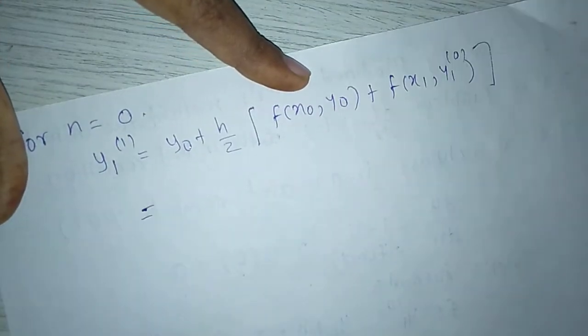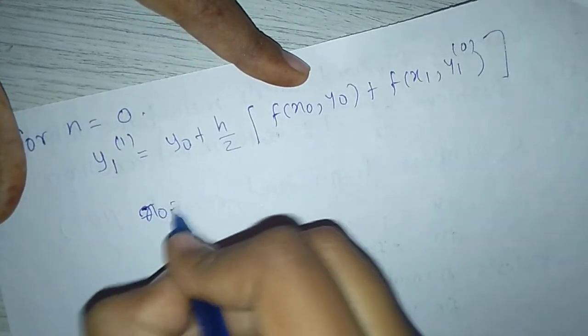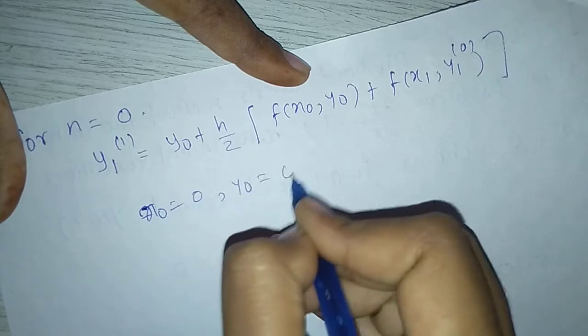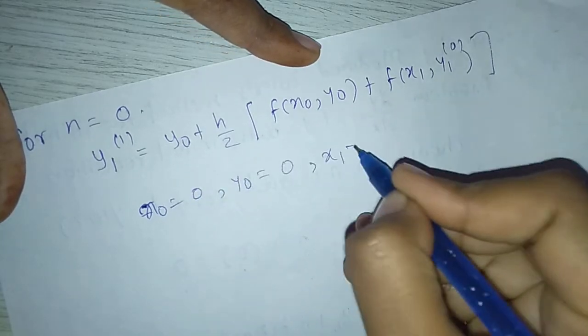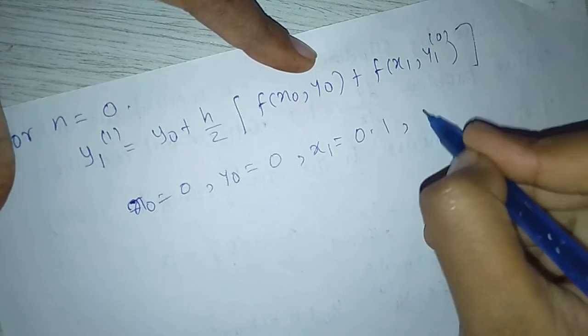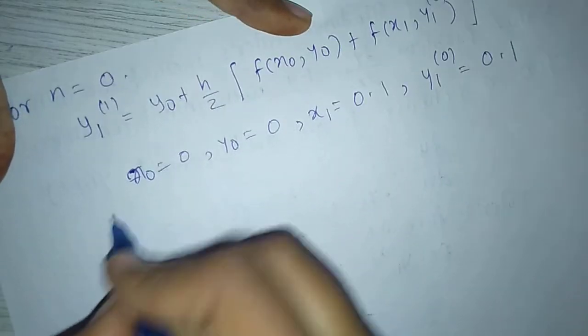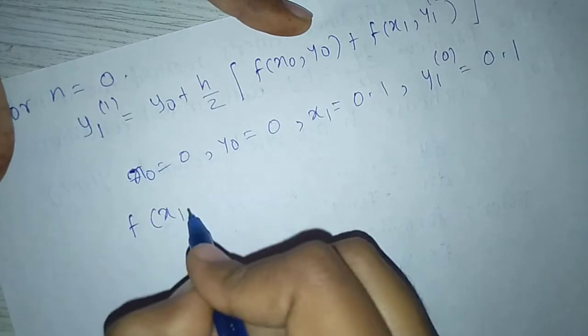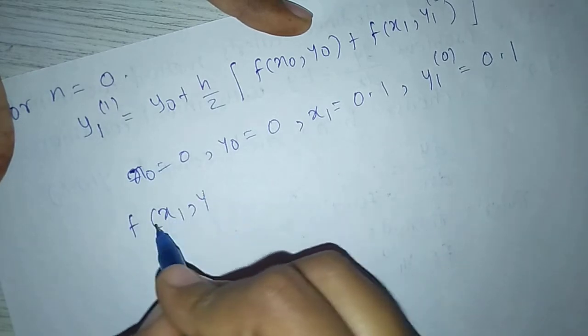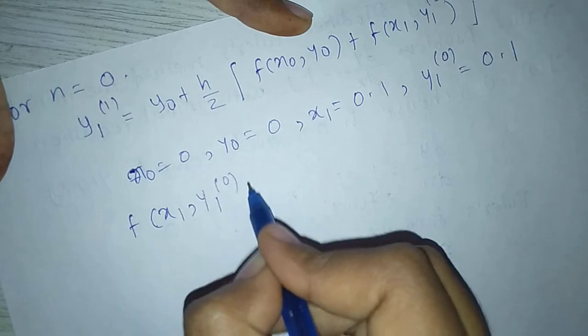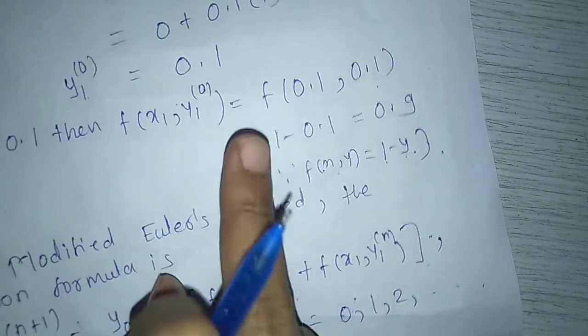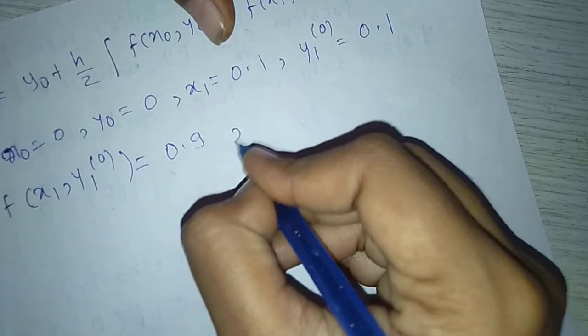Here x0 is 0, y0 equal to 0, x1 equal to 0.1 and y1 raised to 0 equal to 0.1. Also f of x1 y1 raised to 0 equal to 0.9 and h equal to 0.1.